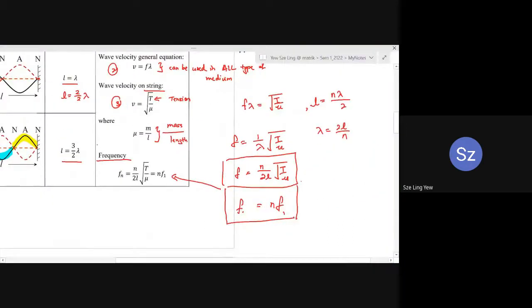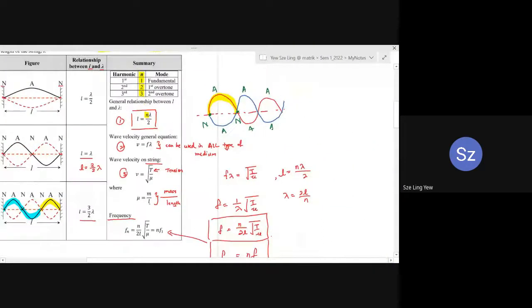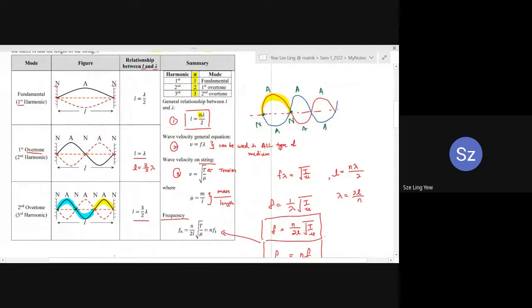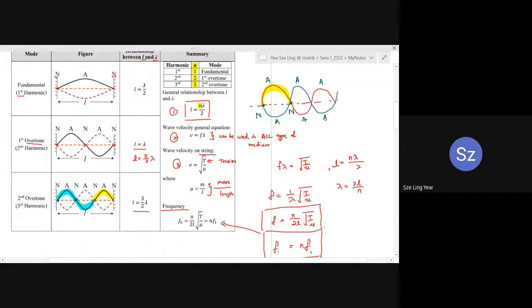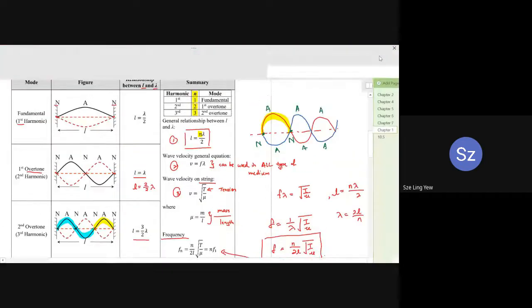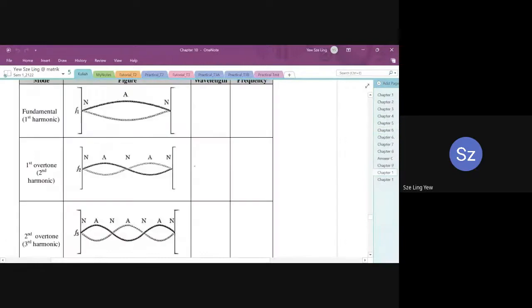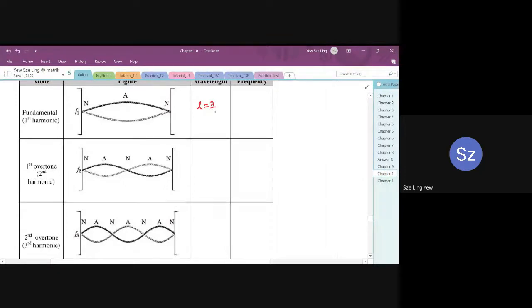This one is not in your notes. If you want, you can write it down. Your notes skip all this derivation and straight away give you the equations only. If you look at your handout, your lecture notes, they give you L equals lambda over 2, lambda equals 2L.